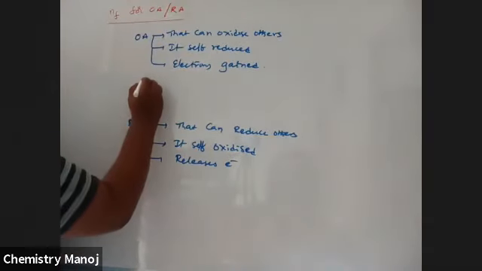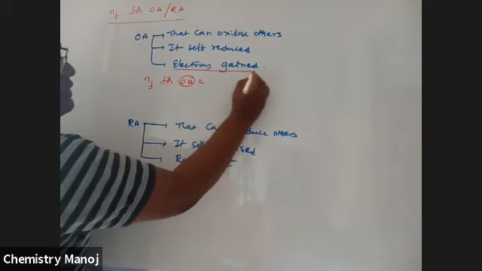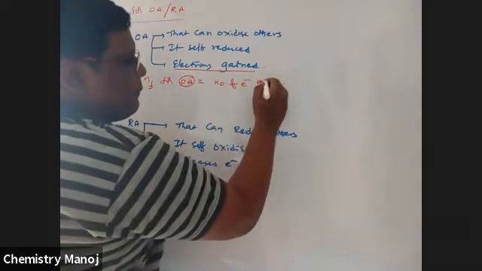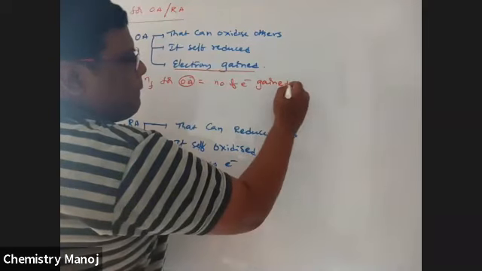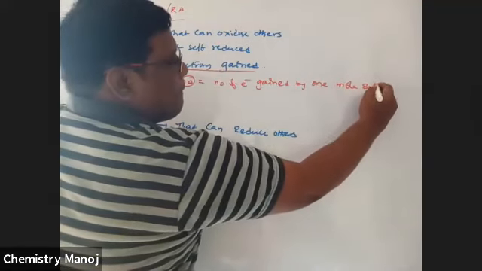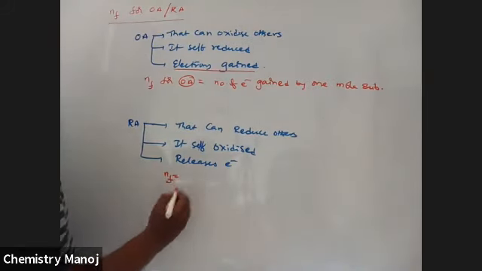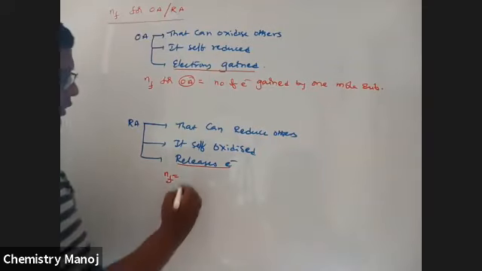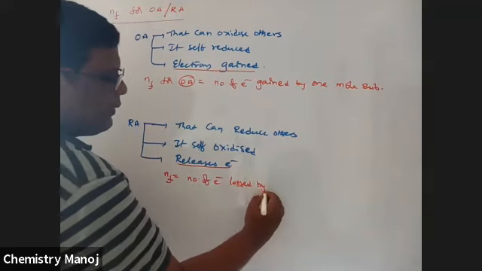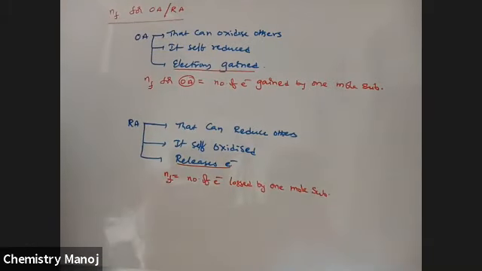Therefore, N factor for an oxidizing agent is the number of electrons gained by 1 mole of substance. For a reducing agent, N factor is the number of electrons lost by 1 mole of substance.